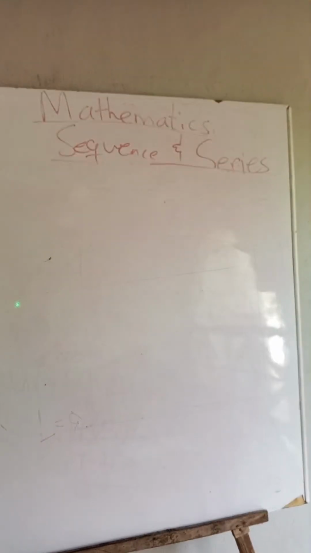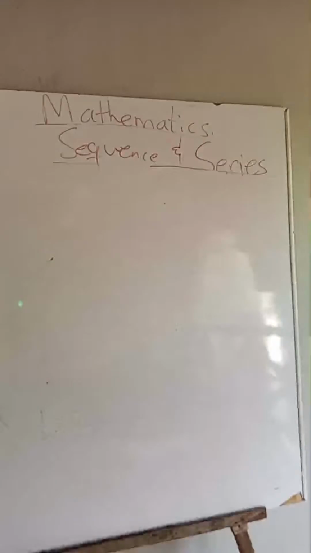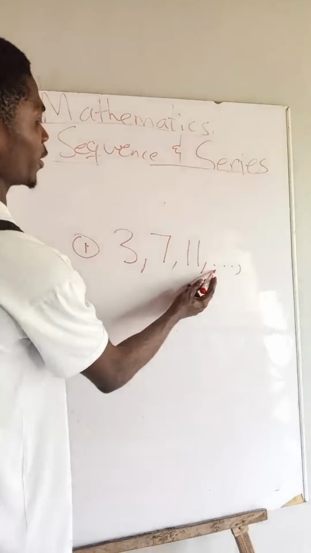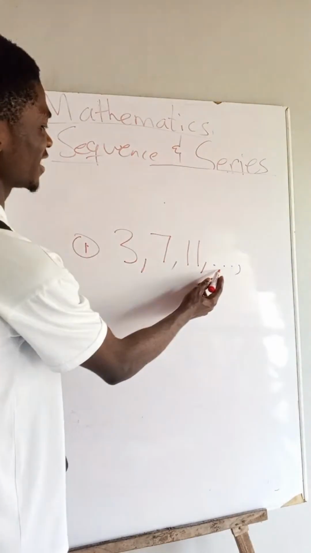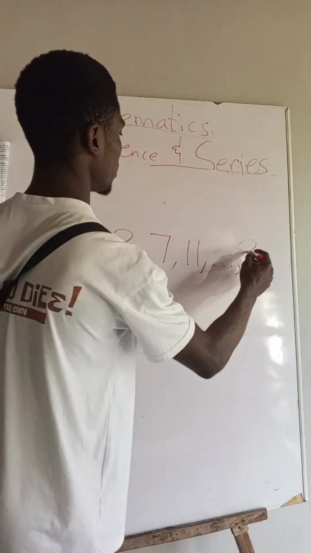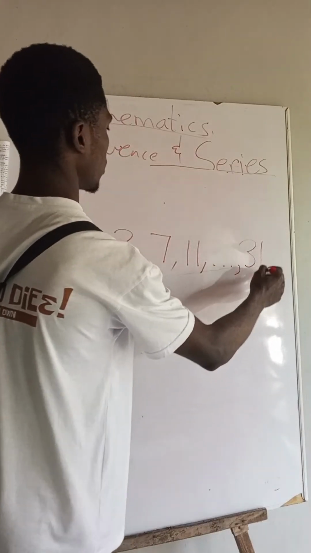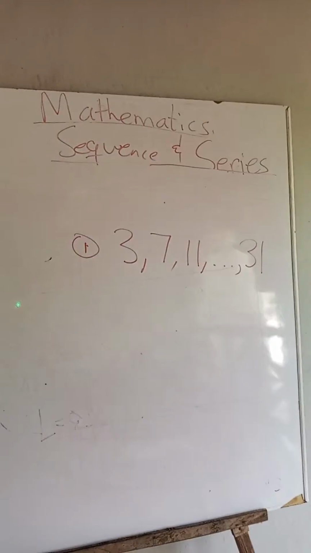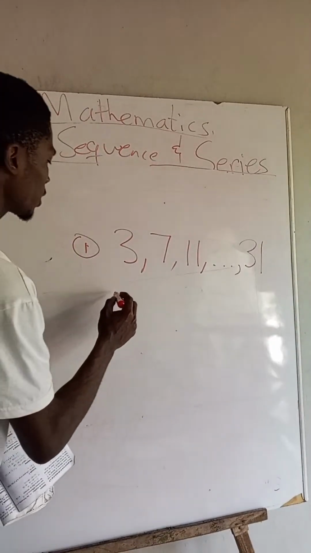Okay, so they usually say, you have this one here, ellipsis, then 31. So you are finding the number of terms n. Give a try to it and let me see.